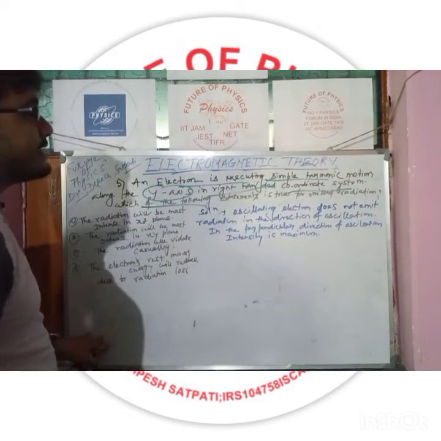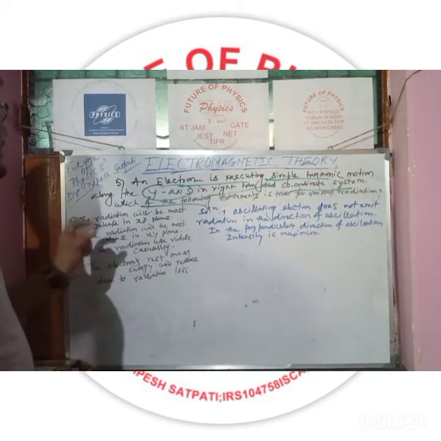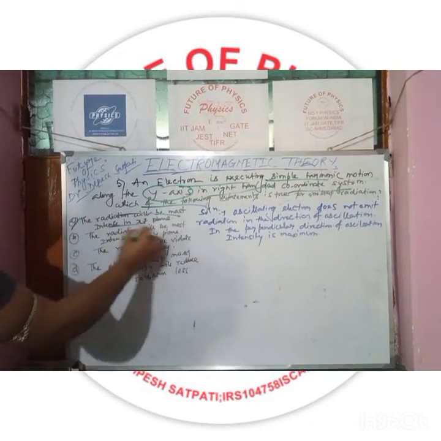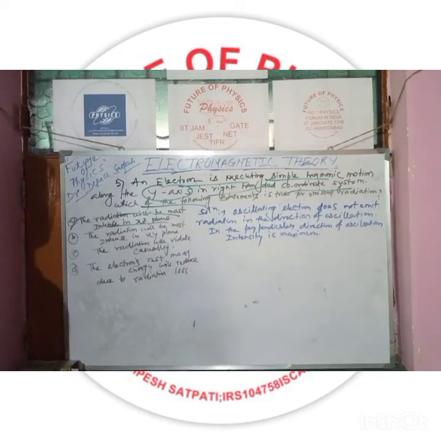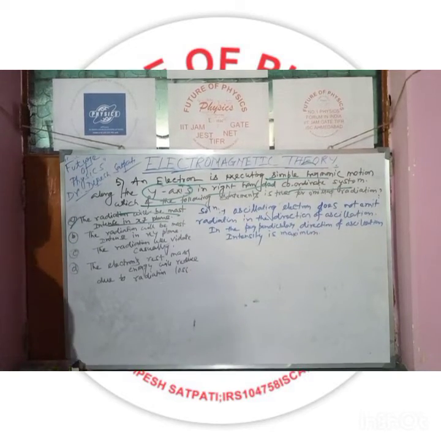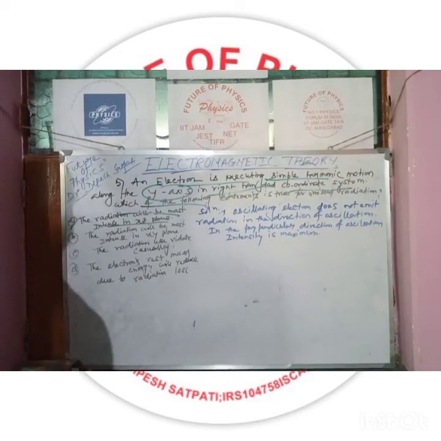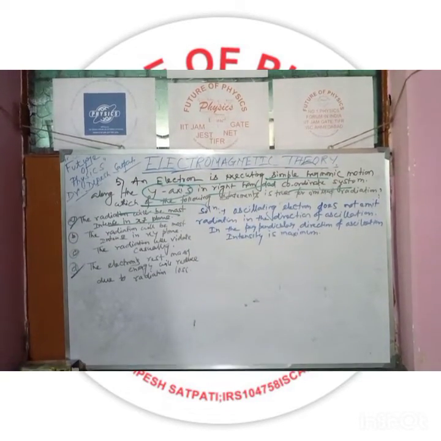Which of the following statements is true for the emitted radiation? Option A, the radiation will be most intense in the xz plane. Option B, the radiation will be most intense in the xy plane. Option C, the radiation will vary casually. Option D, the electron's rest mass energy will reduce due to radiation loss.